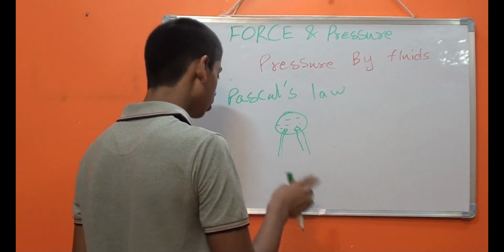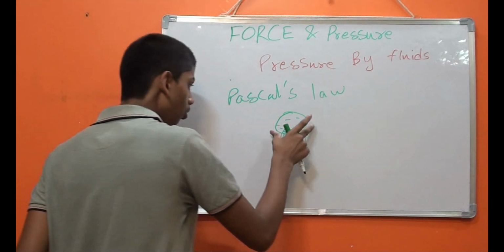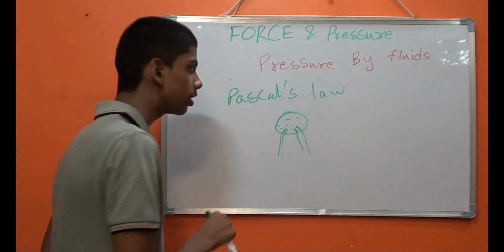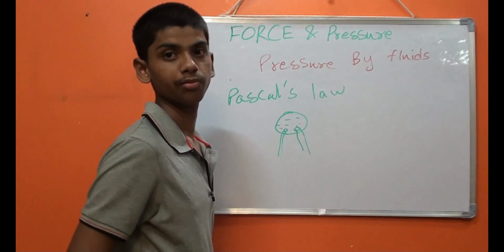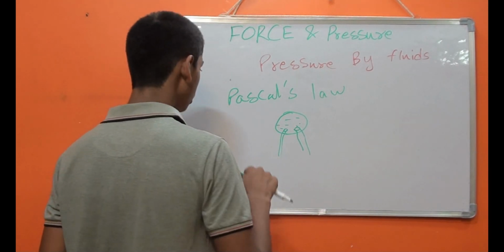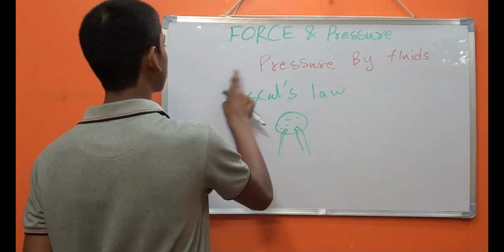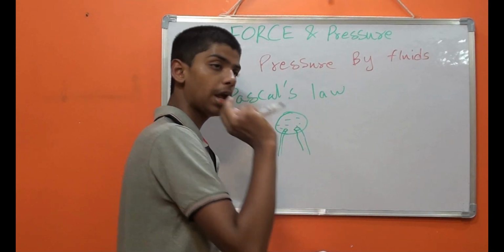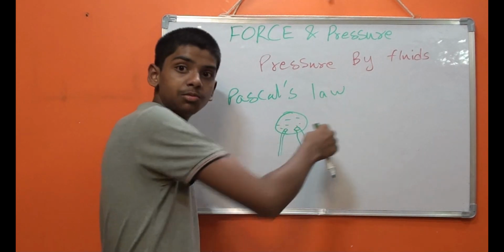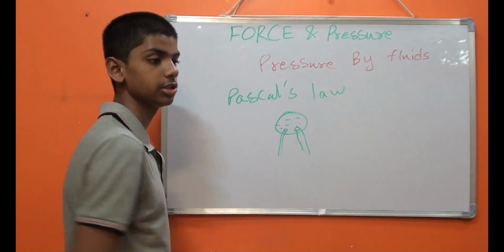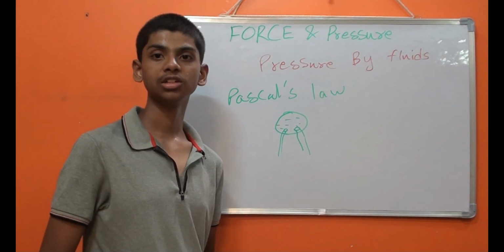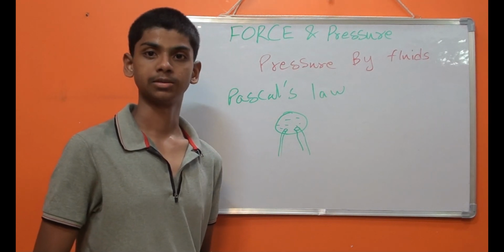Not a distance more or less. Both would fall at the same distance. This is called Pascal's law. Pascal's law states that pressure applied to a fluid is transmitted equally in all directions.